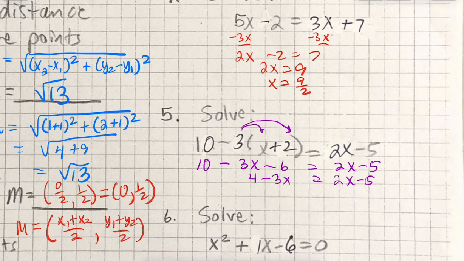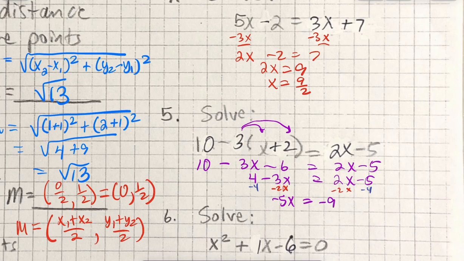So if I subtract 2x from both sides, and if I subtract 4 from both sides, I get negative 5x equals negative 9. Is that what you guys got too? We good? Does that look better?